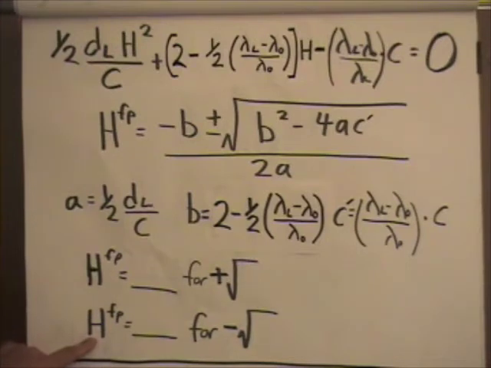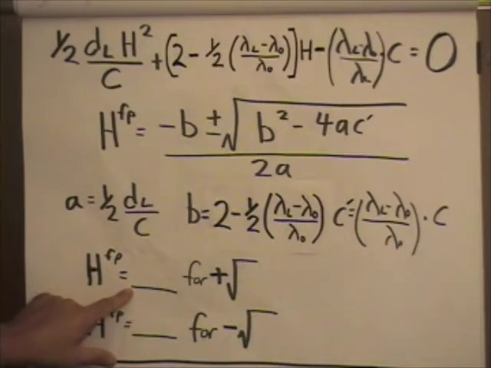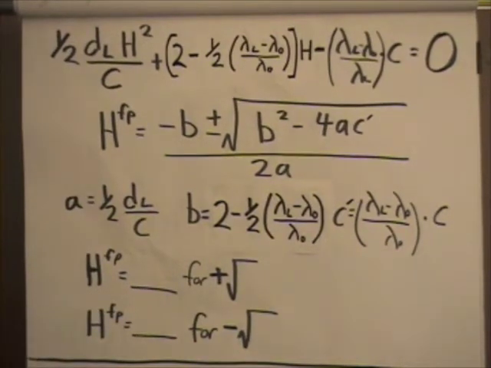And you'll find that the positive square root solutions are numbers that you will easily recognize as being about half the value of H for that same object when calculated by the simple cosmological redshift formula. The values you'll find for the negative square root solution will be very large negative numbers.